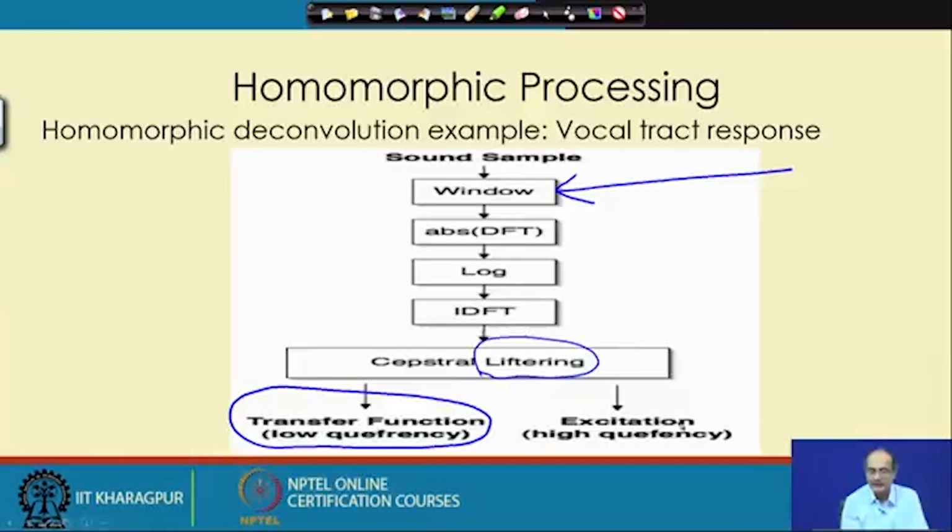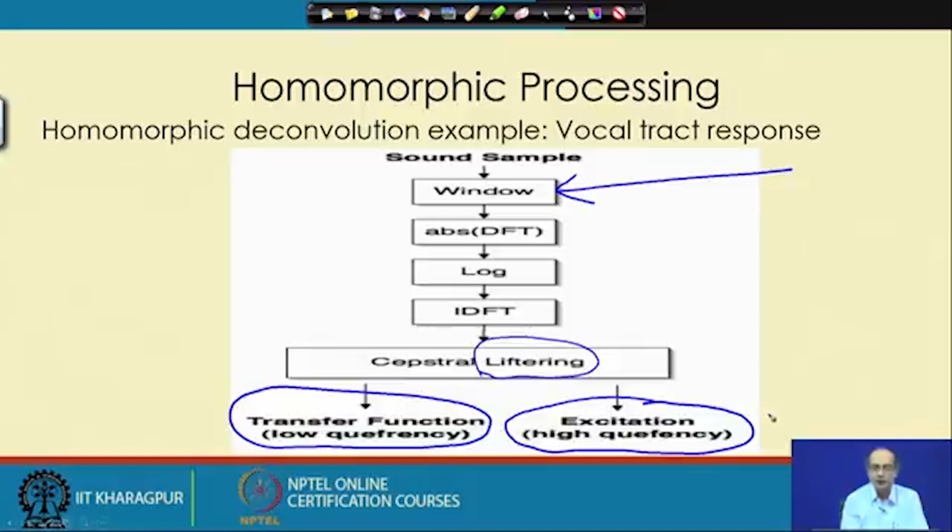The other part is the excitation coming from the glottis, which is a pulse, actually impulses or glottal waves, that is the high frequency part. In this nomenclature, we should say the excitation is the high frequency part, and the transfer function is the low frequency part.